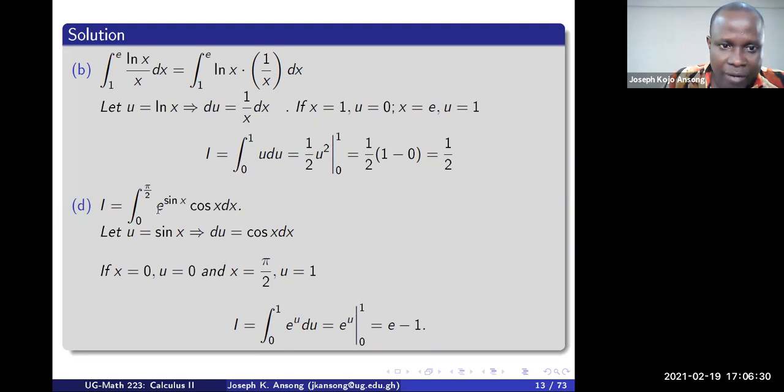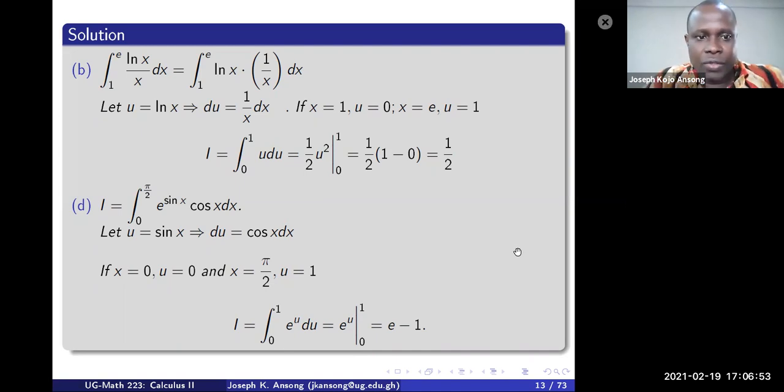And then e raised to the power sine x is now e to the u. The whole of this guy is now du. The integral of e to the u is e to the u, from 0 to 1. Plug them in, you have e minus 1 as the solution. So that gives us the solution to the integral by using the method of substitution.